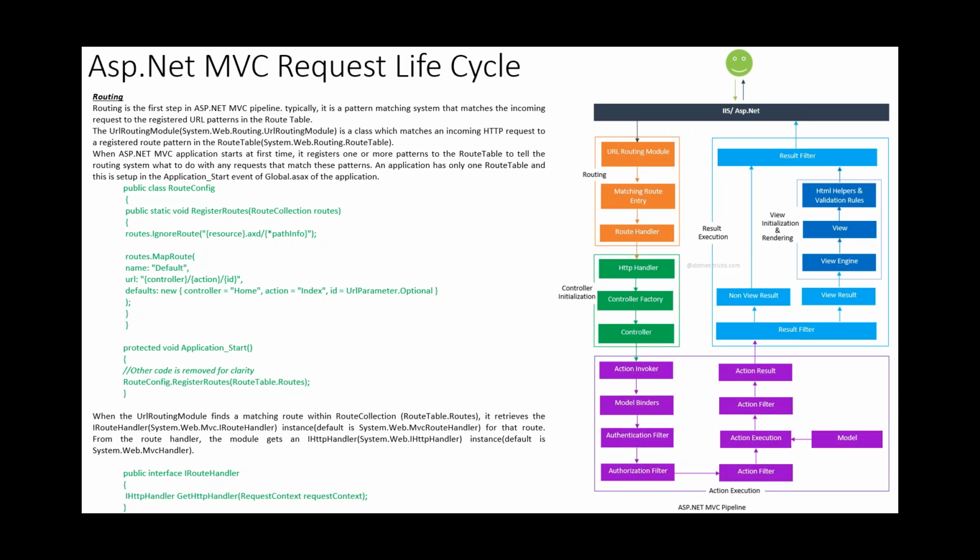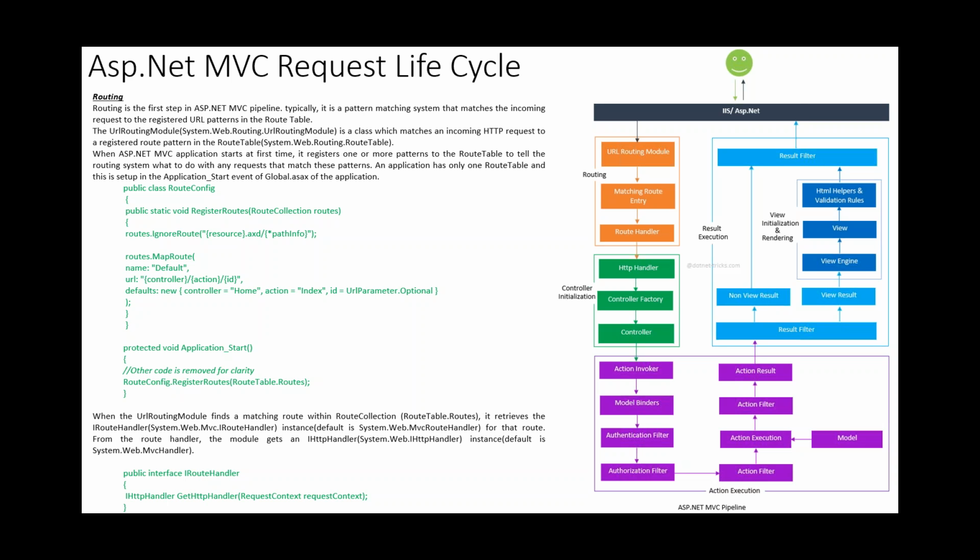So the URL has to be validated and matched with the existing patterns of your MVC application. Where do you have all the patterns registered? In your route config file, which maintains a routing table. In the table, it checks which pattern the current URL matches.